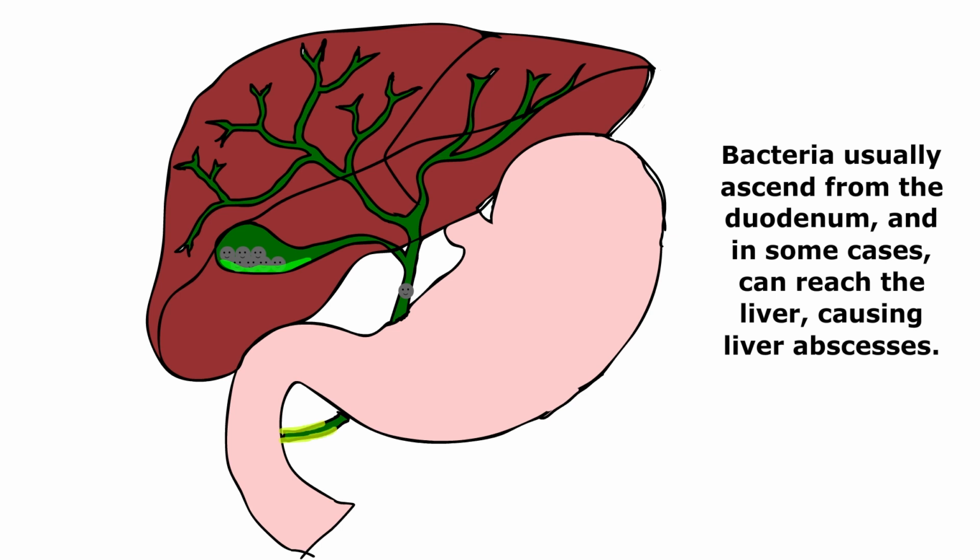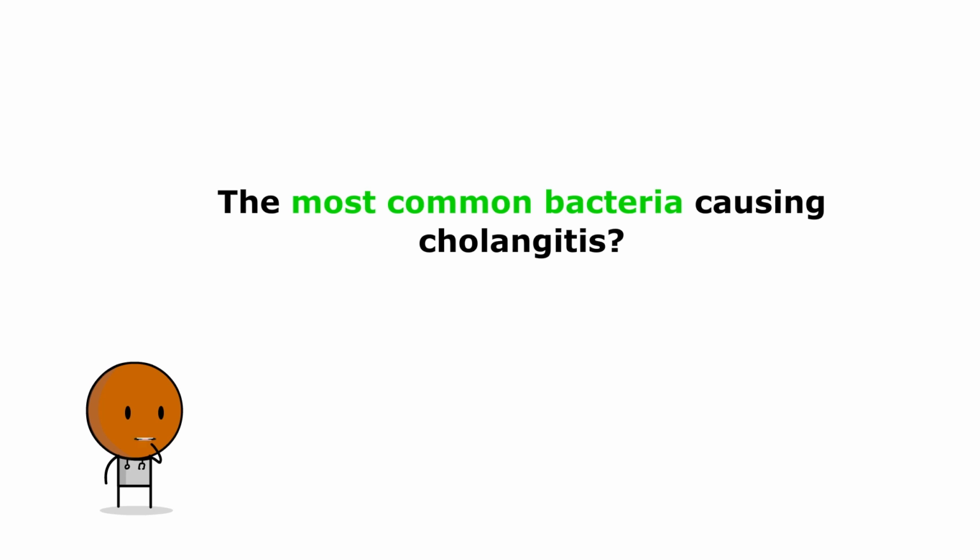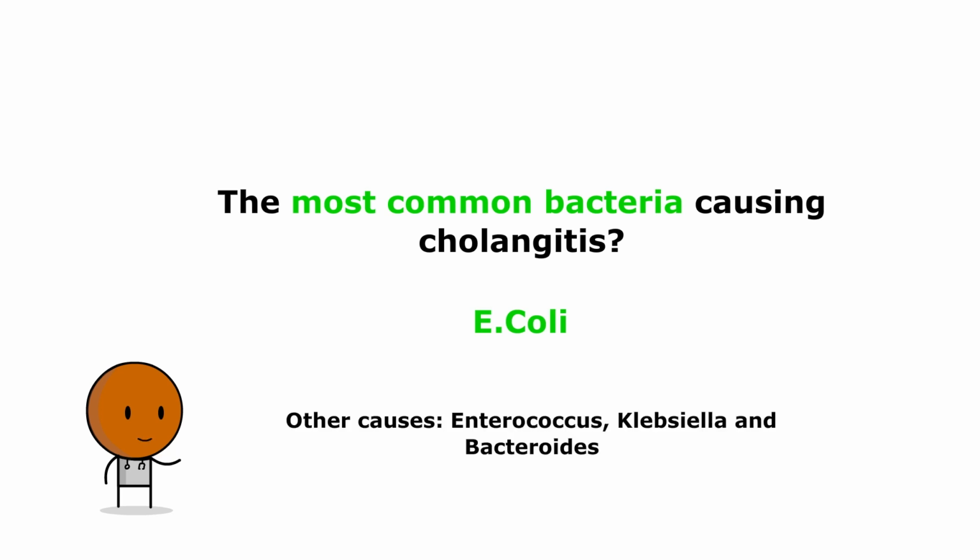Bacteria usually ascend from the duodenum and in some cases can reach the liver, causing liver abscesses. But, pimp question. The most common bacteria causing cholangitis is E. coli. Other honorable mentions include Enterococcus, Klebsiella, and Bacteroides.